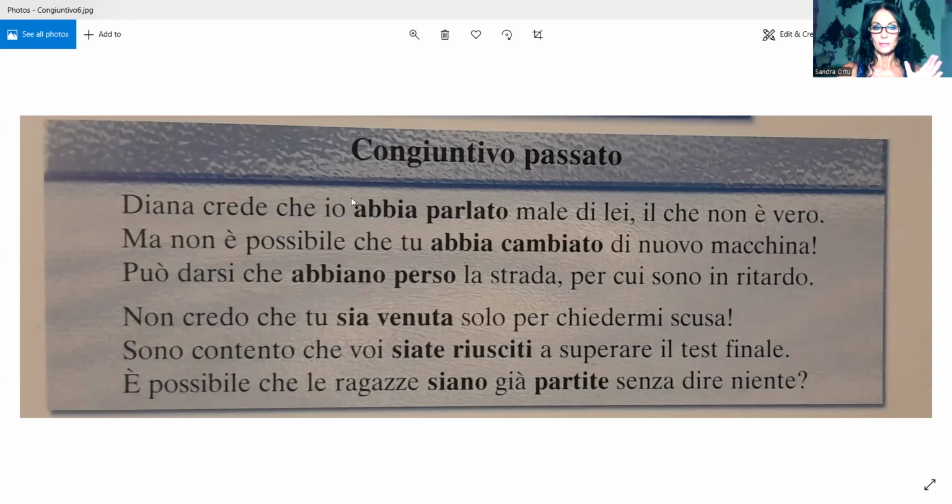So Diana does not believe there's something happening in the past. It's not possible that whatever happened in the past, etc. So the passato is obviously in the second part, where we have those verbs which need to be in the congiuntivo mode because of what comes before.